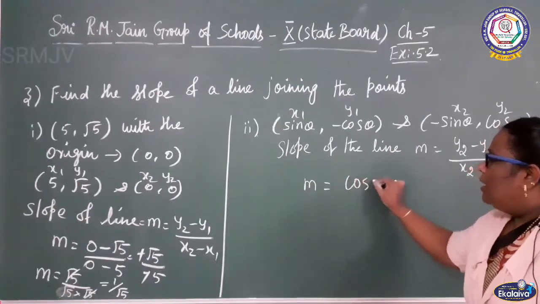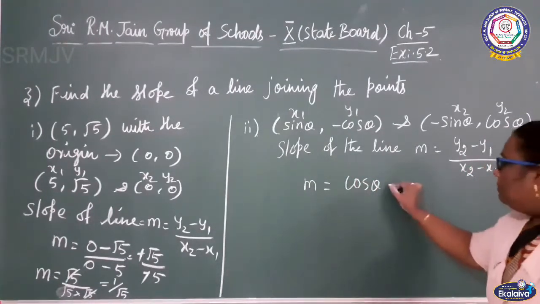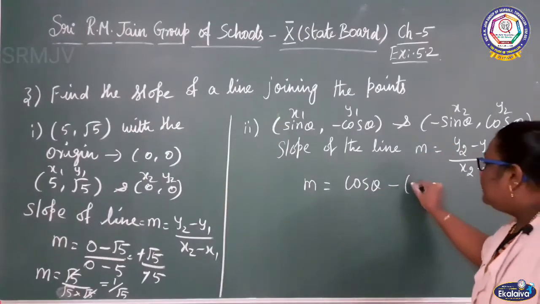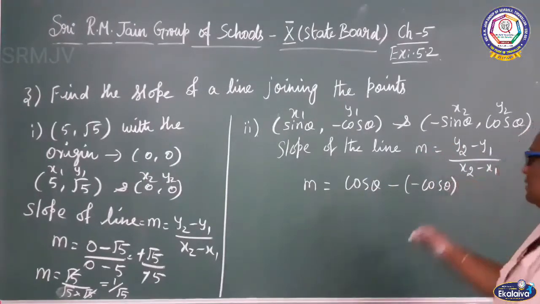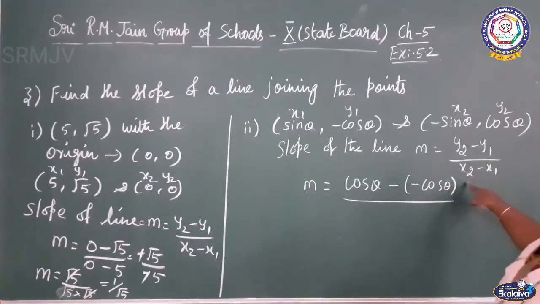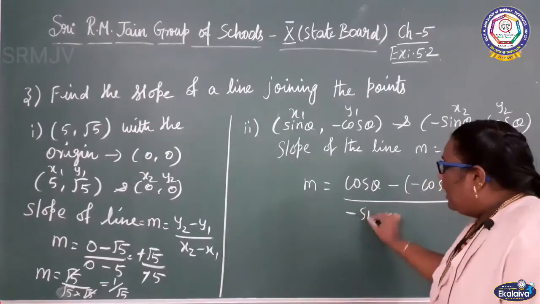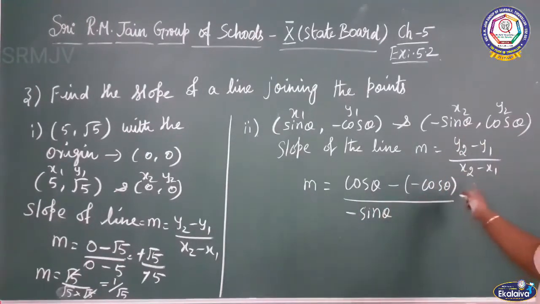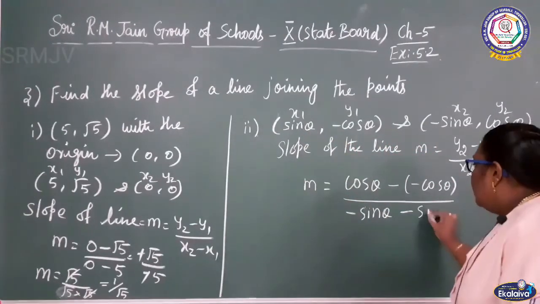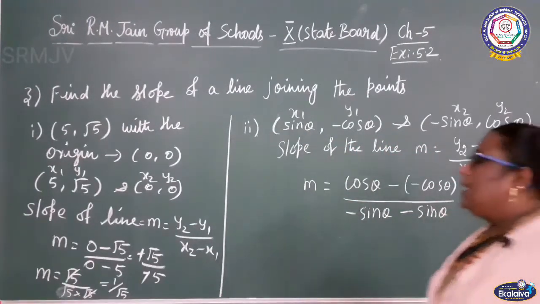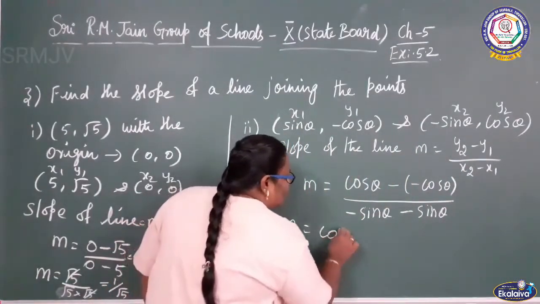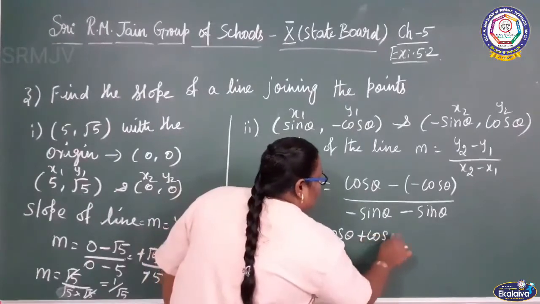m equals y2, which is cos theta, minus y1. Whenever a minus comes, you can put a bracket, it is safe for you: minus of minus cos theta. Okay, by, what is the next one? x2 is minus sin theta minus, what is the value of x1? Sin theta. So it gives m equals cos theta plus cos theta.